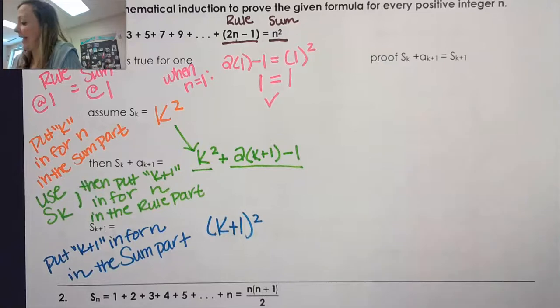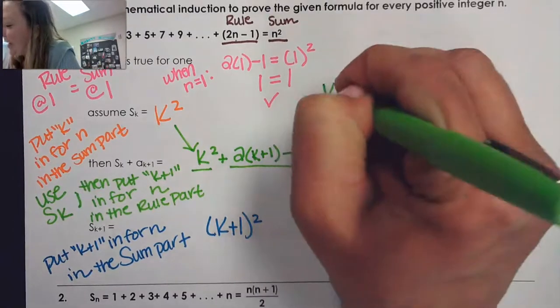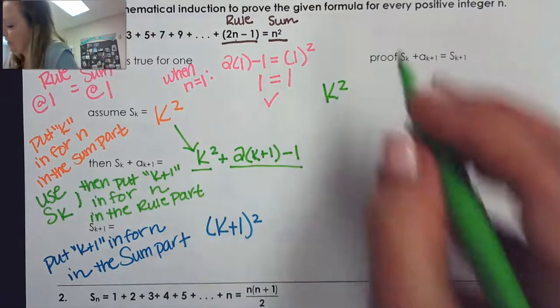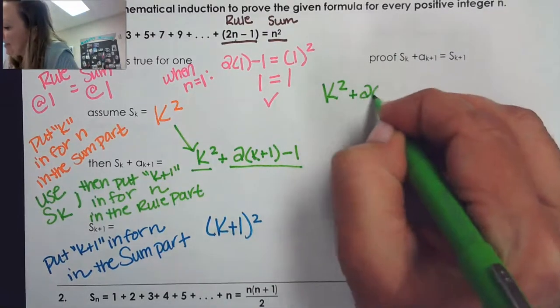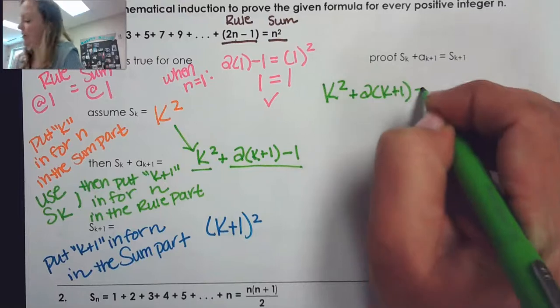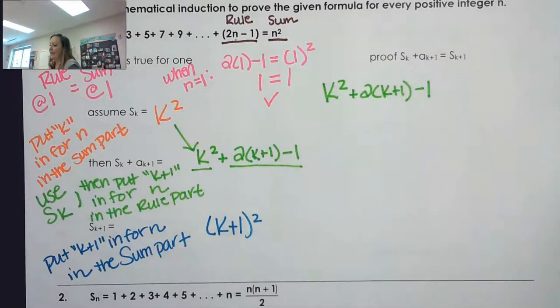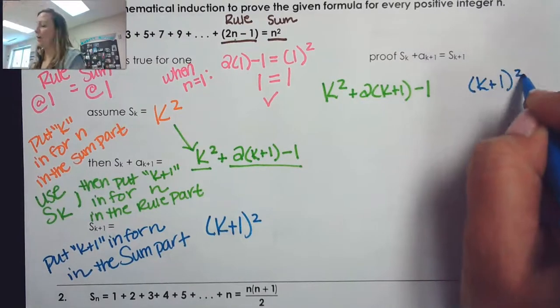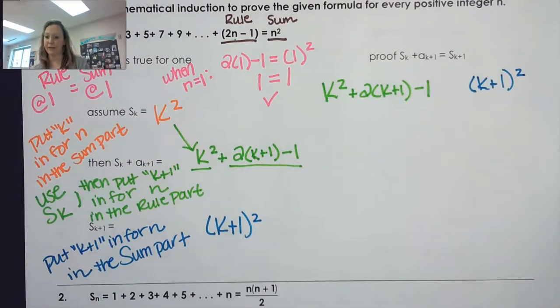We're going to say that starting, if I'm at this rung of the ladder, k squared, and if I step up 1, the a sub k plus 1, which is going to be 2 times the quantity k plus 1 minus 1, I want to show that that's the same as what I said my sum was, the quantity k plus 1 squared.